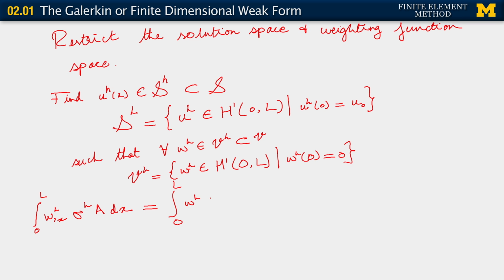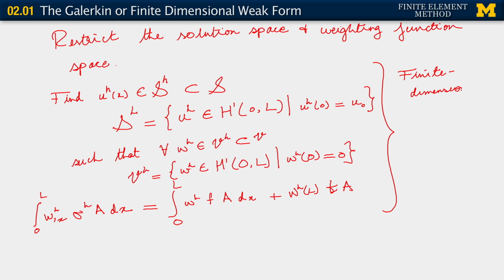On the right hand side, we have WH times F A dx plus WH at L T A. Okay, this is it. This constitutes our finite dimensional weak form.